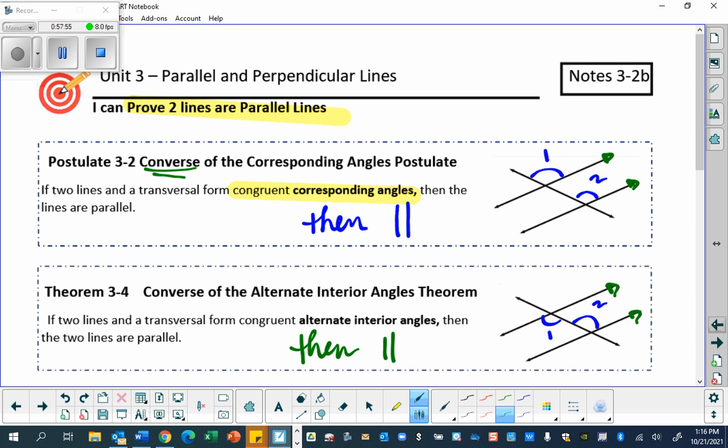Because that means that the lines are parallel, the M and N. Yeah, and this is why she can use this one, because the postulate is what Euclid gave us. So when you take it back to corresponding angles, I can say the converse of the corresponding angle says if the two corresponding angles are congruent, then the lines are parallel.